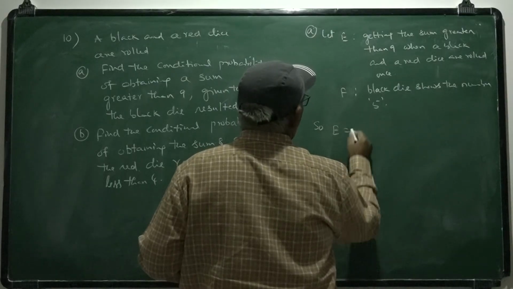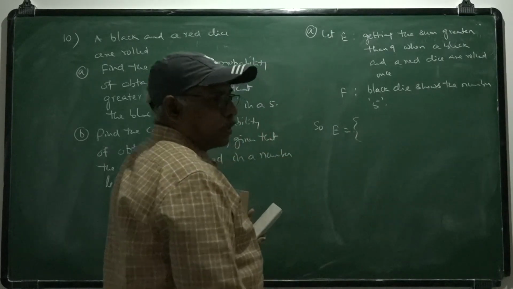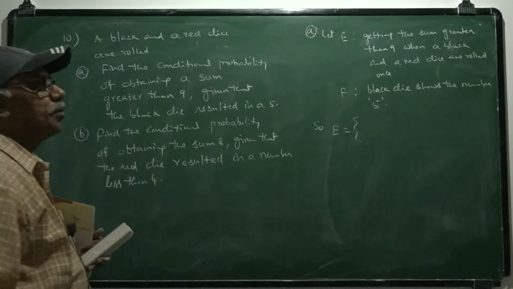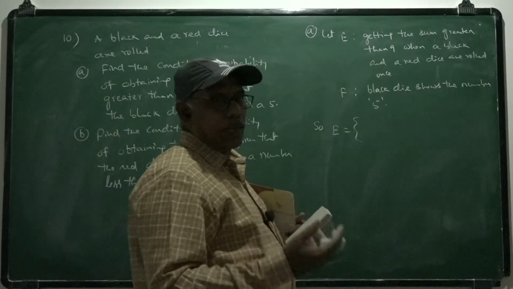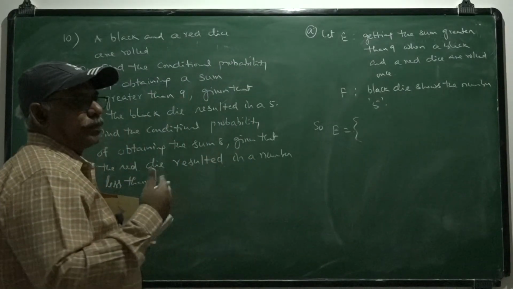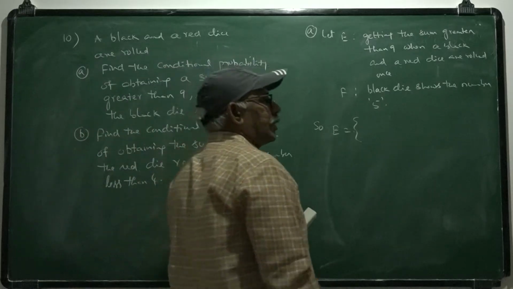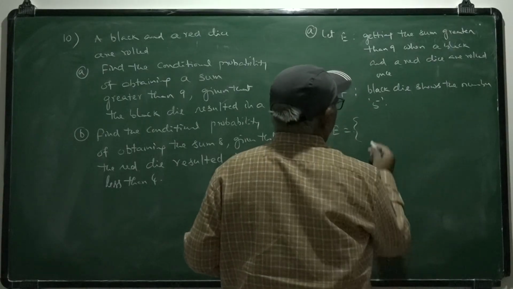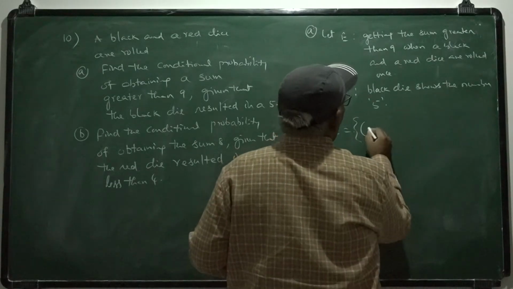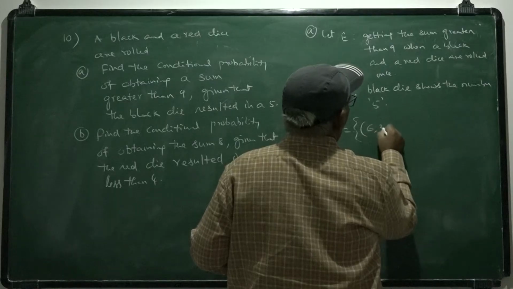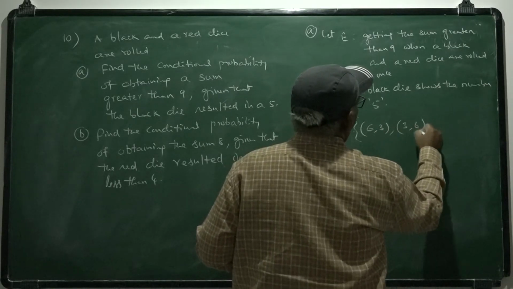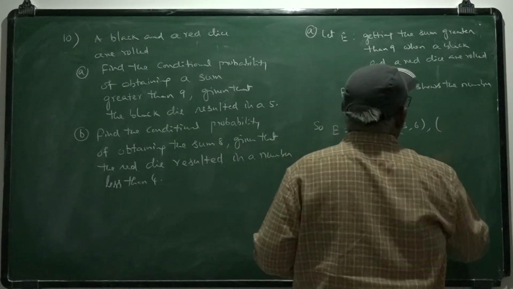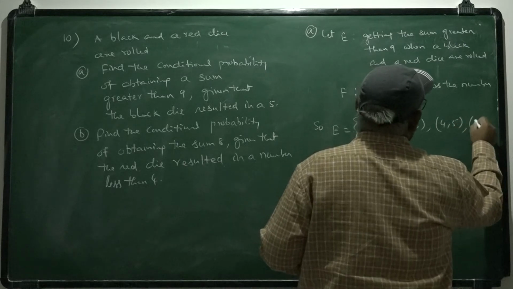So, the favorable possible outcomes to E: getting the sum 9 once 2 dice are rolled, irrespective of the color, is 6 3, 3 6, 4 5 and 5 4.